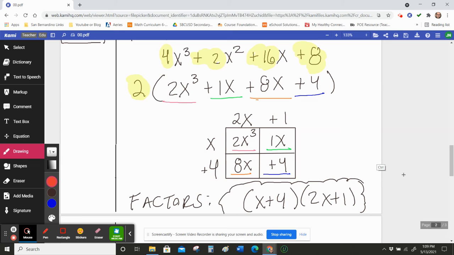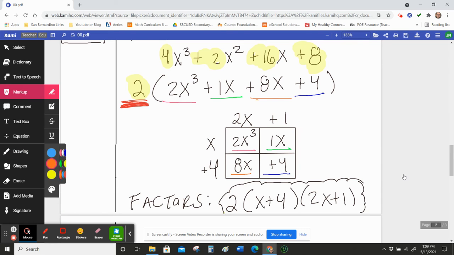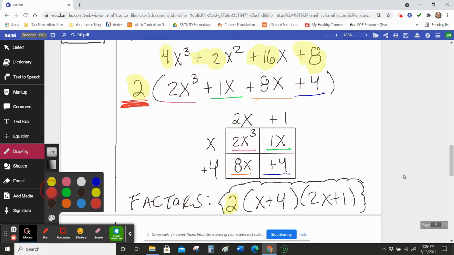At the very beginning of the problem, we took out a greatest common factor, which was the 2. That follows us through the whole problem, so at the end I need to include it as part of my factor. So the whole simplified answer will be 2, which we took out in the beginning, multiplied by x plus 4 times 2x plus 1.